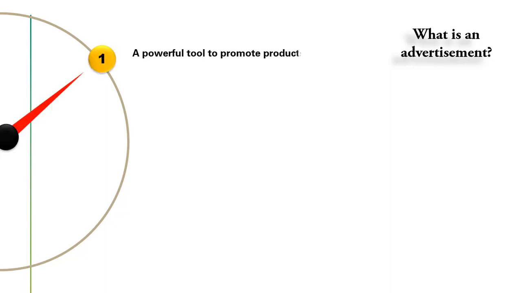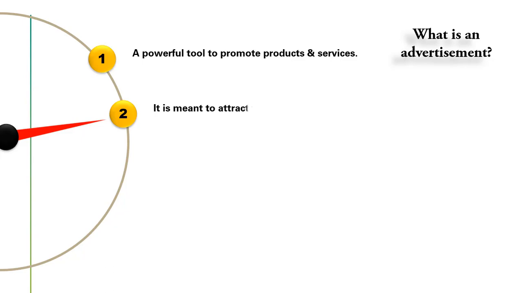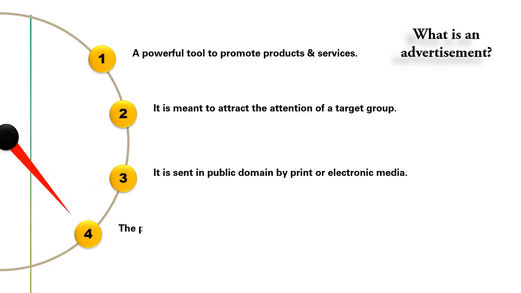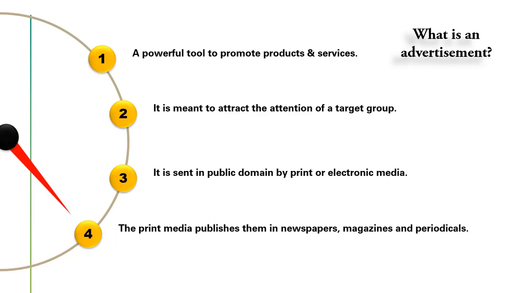Children, an advertisement is a powerful tool to promote products and services. It is meant to attract the attention of a target group. It is sent in public domain by print or electronic media. And finally, the print media publishes them in newspapers, magazines, and periodicals. So, what is an advertisement?